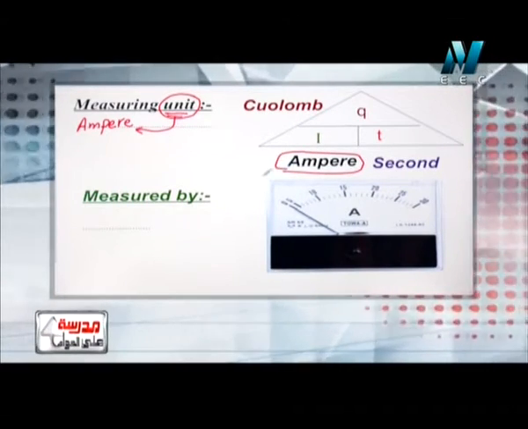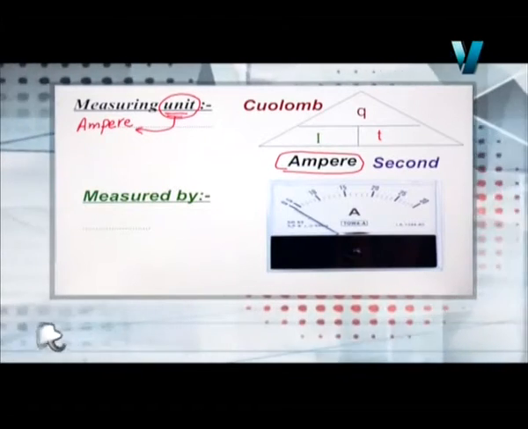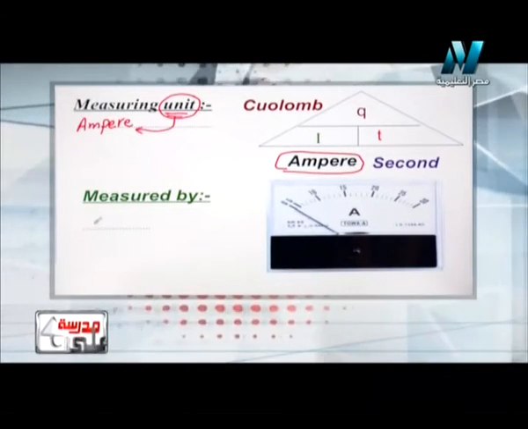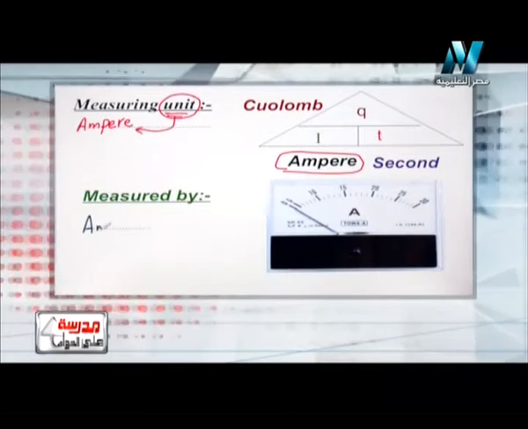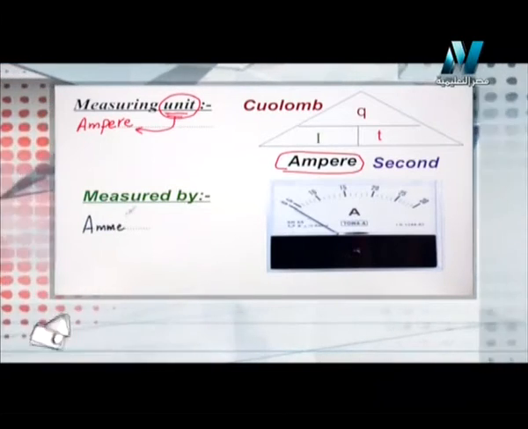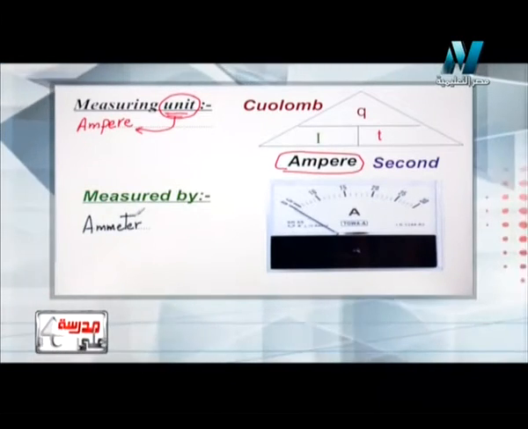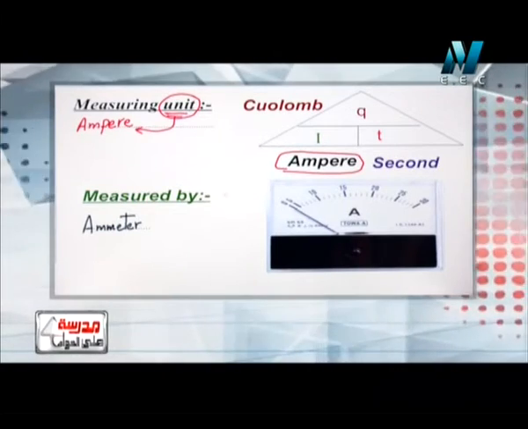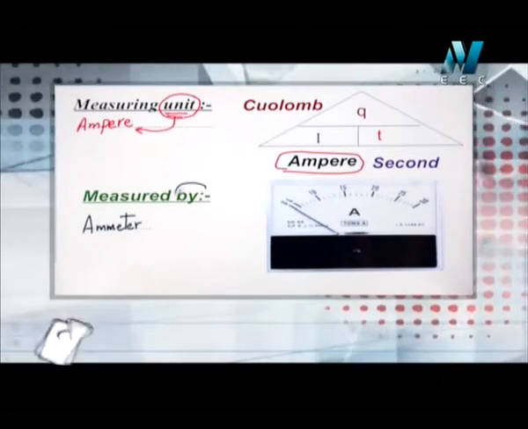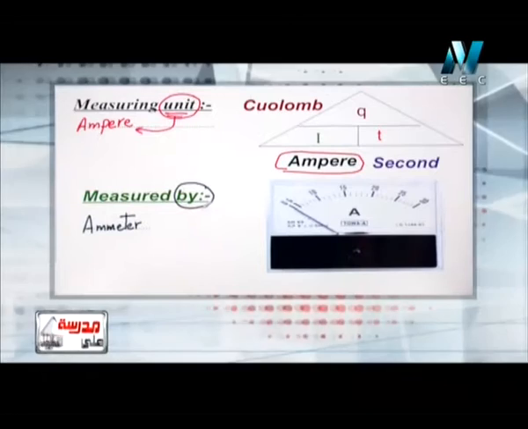And measured by a meter. Measured by means it is measured by a device called what? Ammeter. So the device is called ammeter. When he says measured by, we need the name of the device.